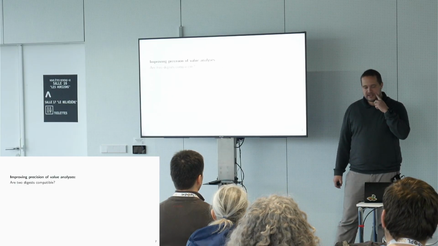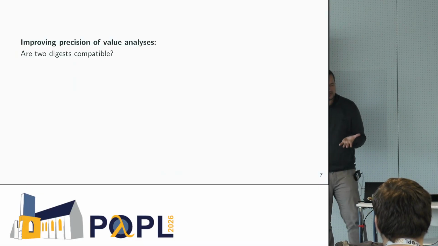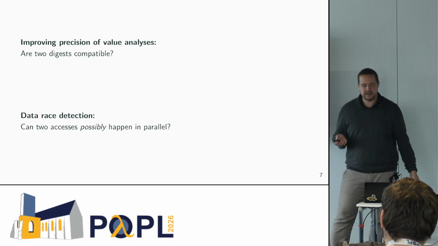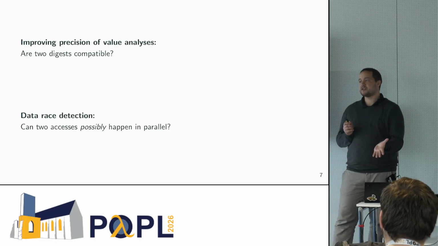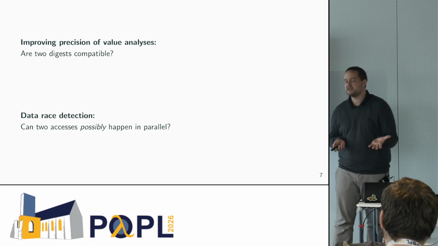And if you think about it, when we are doing these digests to improve the precision of value analysis, we're somehow asking the question, are two digests compatible? And when we're thinking about data race detection, and especially this aspect of whether the accesses can happen concurrently, then our question becomes, can two accesses possibly happen in parallel?